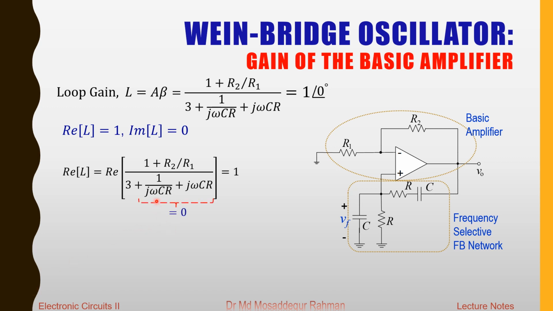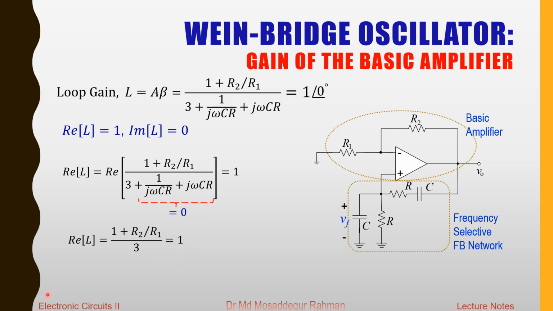So we just put 0 here, and then we get the real part, and the magnitude of this real part should be 1, so that simplifies to 1 plus R2 by R1 divided by 3, because the imaginary part is set to 0, and that has to be 1.